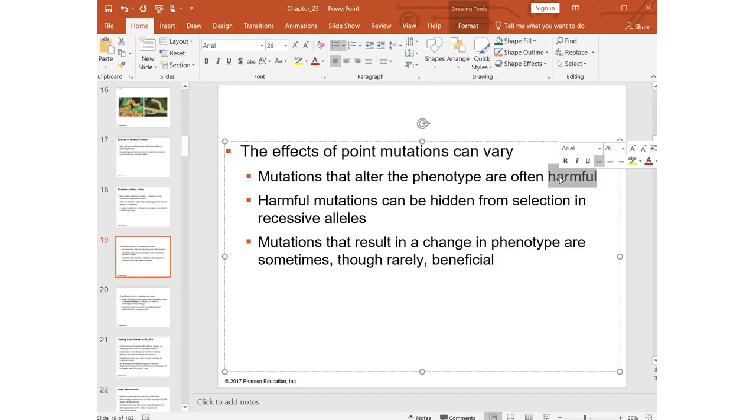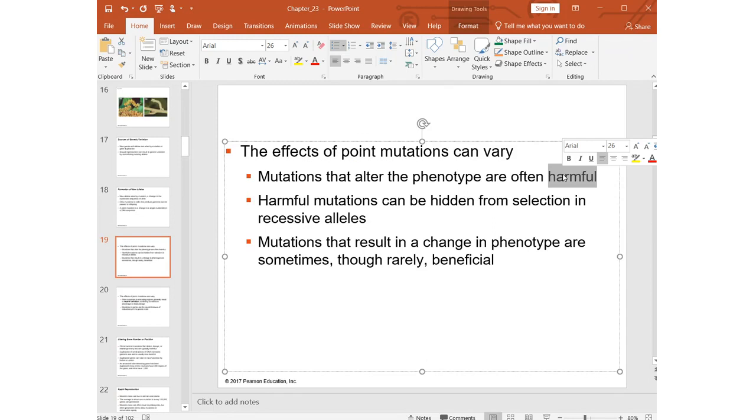And that's one of the weaknesses of the evolution argument. If evolution is arguing that mutations cause variation in a population, and natural selection works on those mutations to improve the population, well, that's all fine and good. But if there are more harmful mutations than beneficial mutations, how is evolution really able to improve a population?